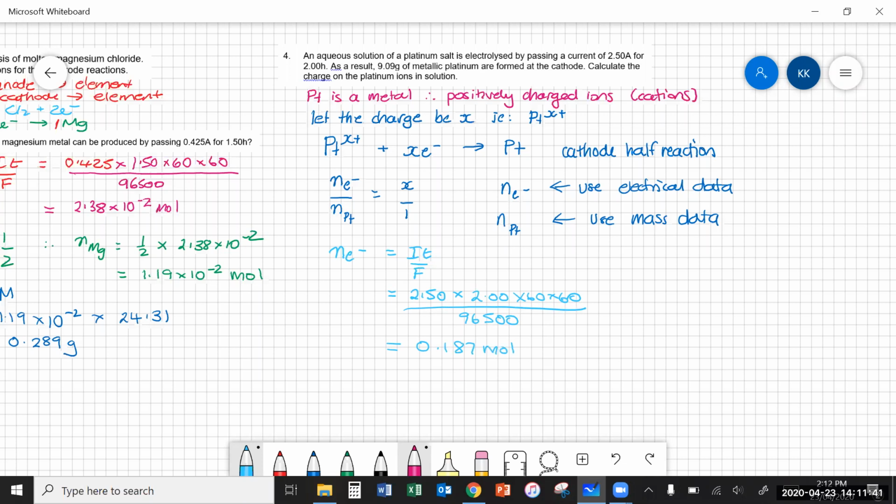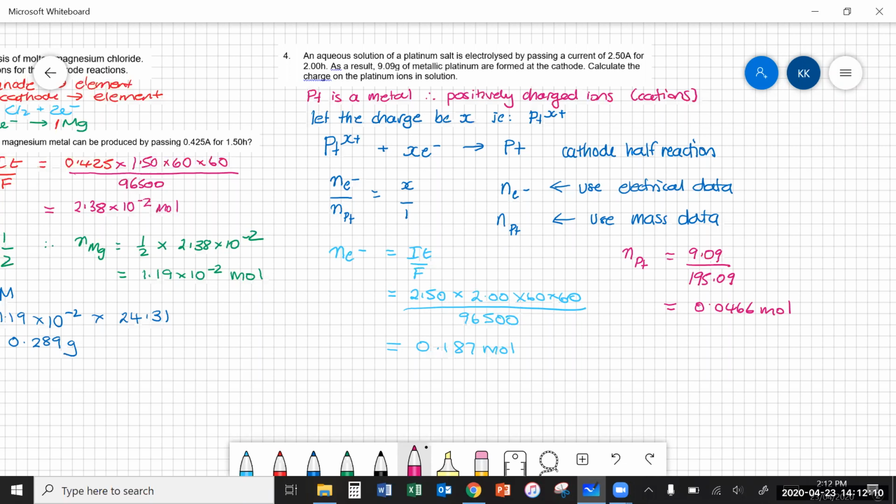Then we will find our moles of platinum from the fact that we have 9.09 grams over the molar mass of platinum, which, if you look it up, is 195.09. So that's 0.0466 moles.